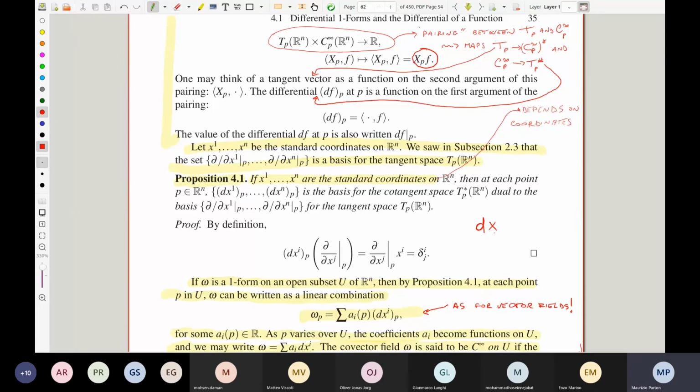You do the differential of a function, so you should tell me if x is a function. Is it? Yes. It's called projection on the first coordinate.